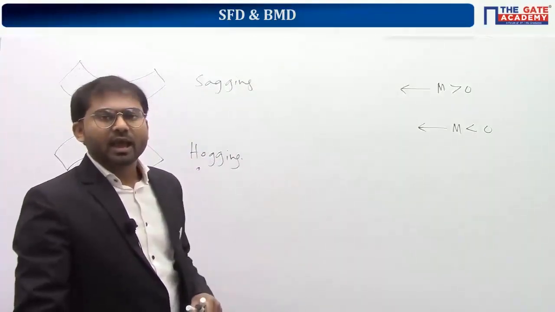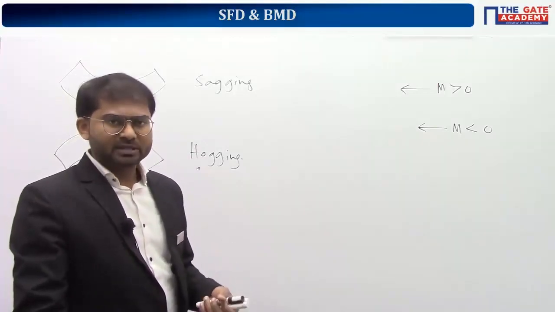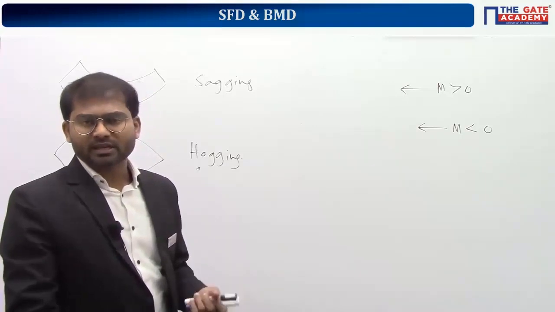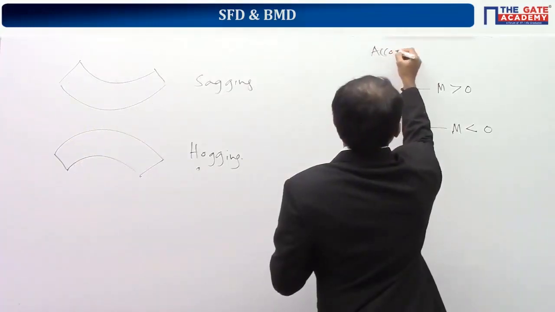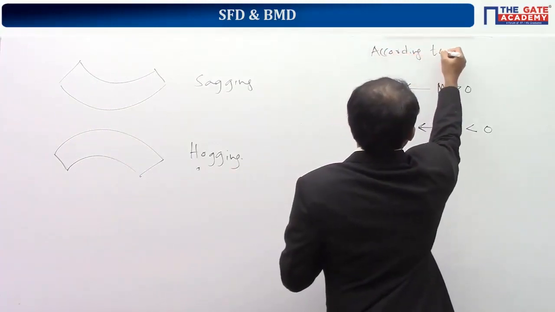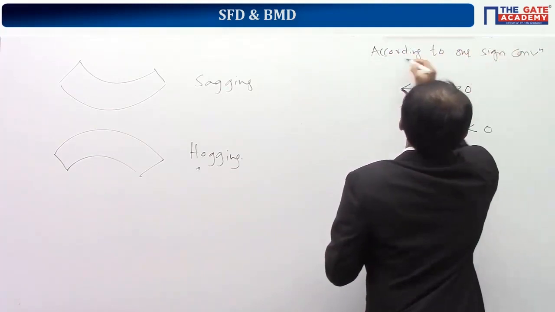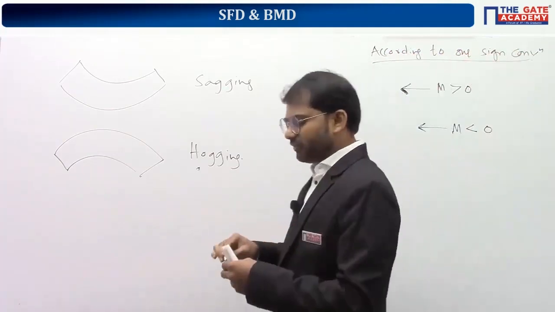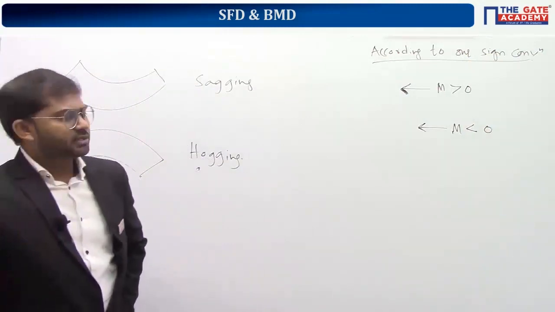If the bending moment value is negative, the member is undergoing hogging at that location. Clear? So you can write down: according to our sign convention, if bending moment is positive, it is sagging; if it is negative, it is hogging.